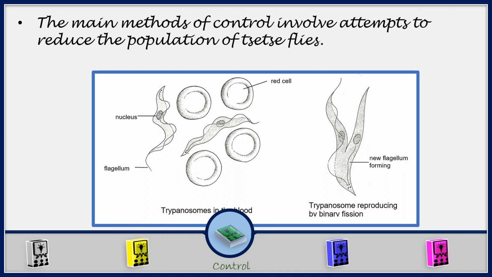The main method of control involves attempts to reduce the population of tsetse flies.